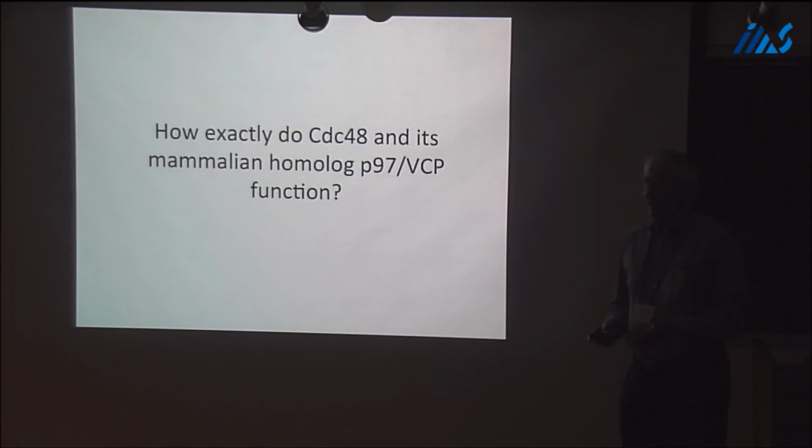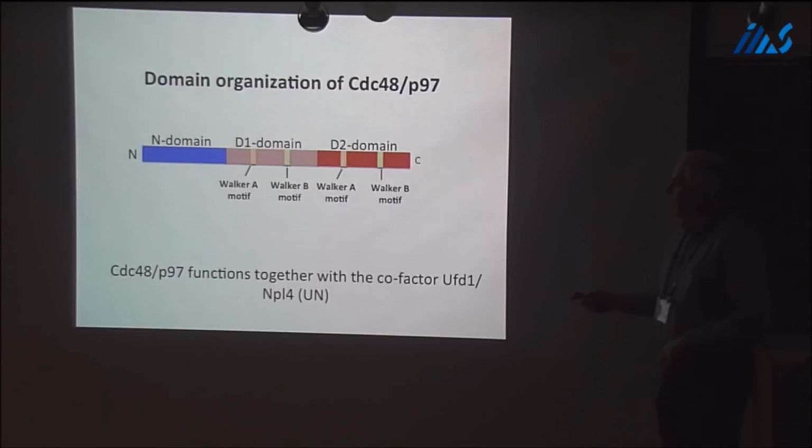And unfortunately, I don't have the time, but actually I have a student in the lab who has done a really remarkable work on understanding how the CDC48 complex works. And I'm just going to summarize in 2 slides what he did, what he found. So just to remind you, CDC48 P97 is an ATPase.